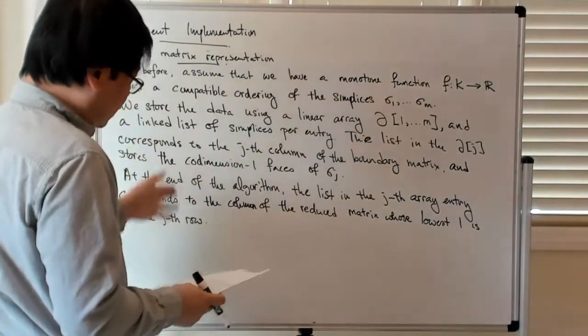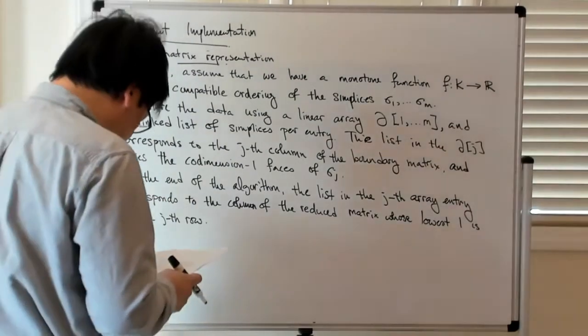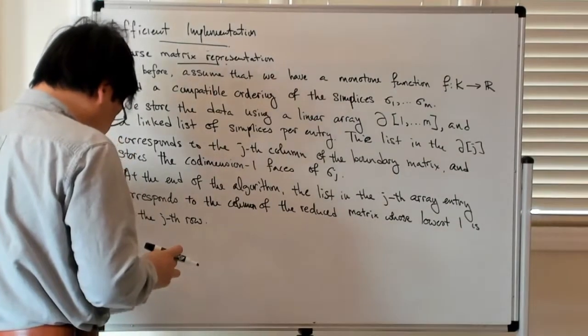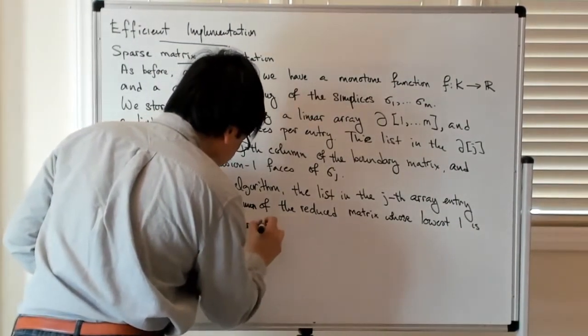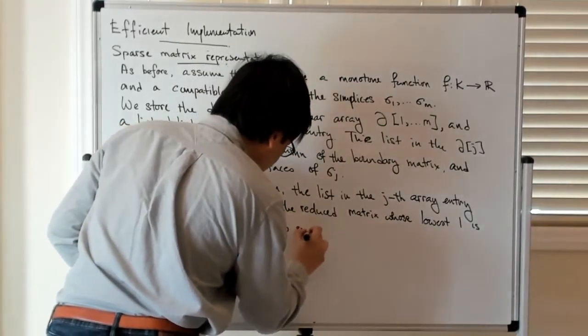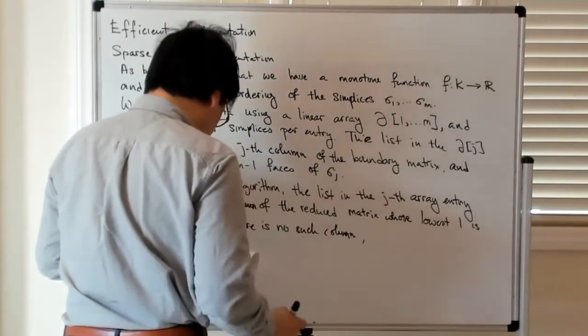Sorry, the list of the column of the reduced matrix whose lowest one is in the jth row. Okay, and if there's no such column, the list is empty.